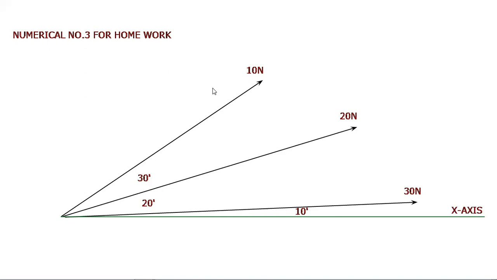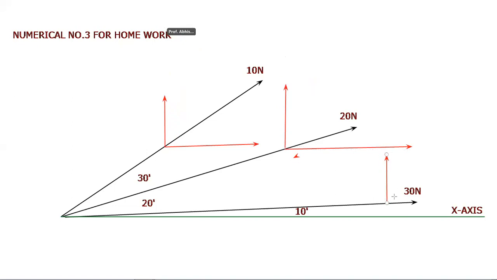I hope that you have understood today's lecture well. How to find the resultant now? Here you need to just split these forces. Split every force into two components: one parallel to the x-axis, one perpendicular to the x-axis.